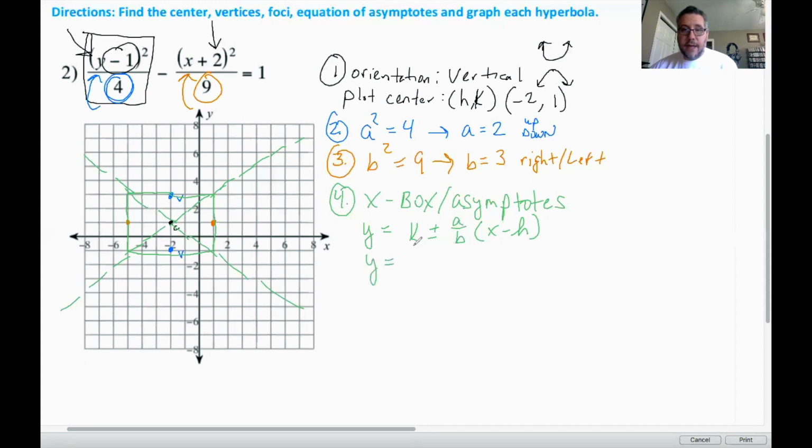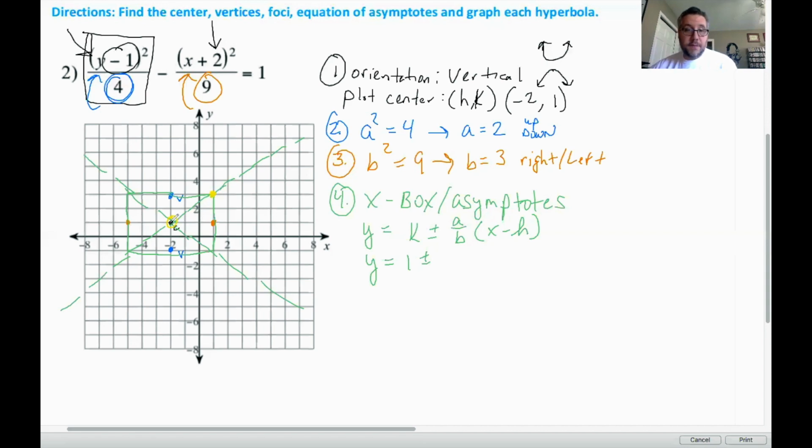Y equals, your k value is your y coordinate from the center, so that's 1. Plus and minus, don't even worry about this a over b. This is just the slope, or rise over run. And you can get it by starting at the center and going rise, up, and then run over to the corner of the rectangle, the box.